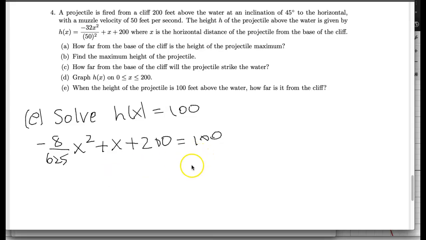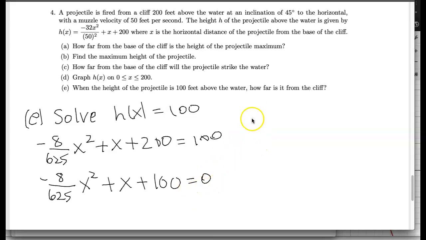To solve this quadratic equation, we'll subtract 100 from both sides. So we'll have negative 8 over 625 x squared plus x plus 100 equals 0.